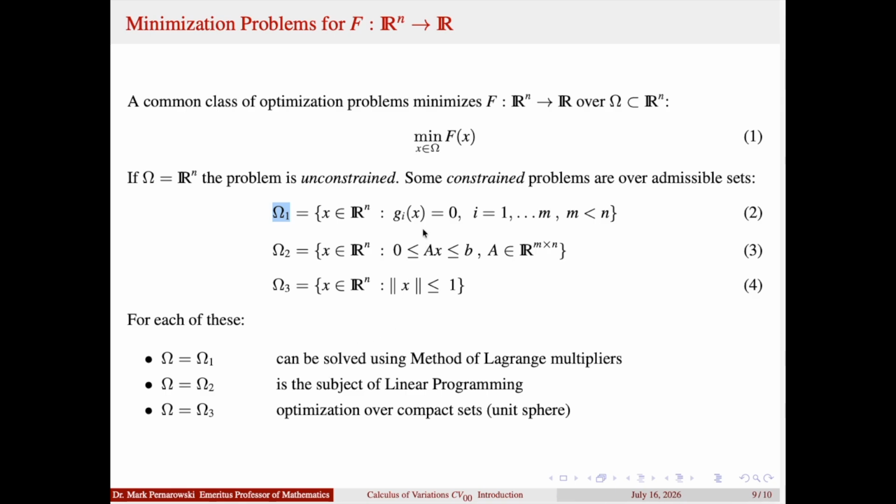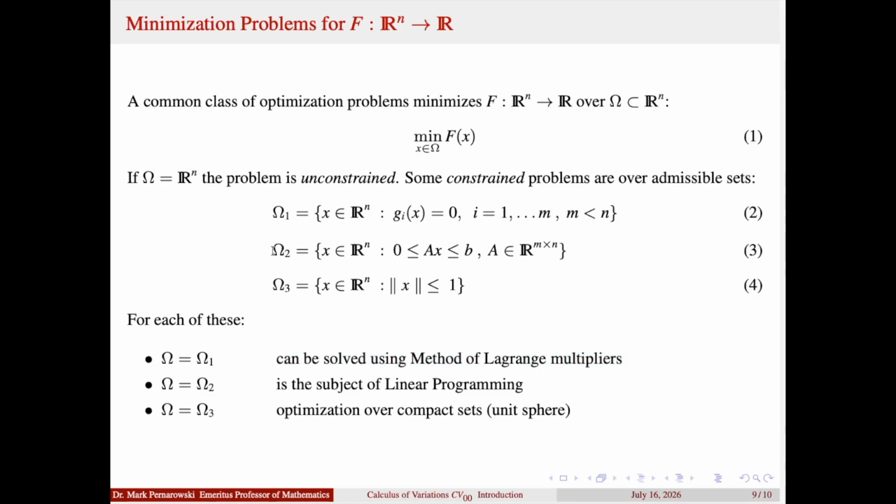If it just goes up to 1, there's only one constraint. That's a typical Lagrange multiplier problem in multivariate calculus you would have learned. So that would be minimize your function of two variables over, let's say, g of x, y equals 0. And that's typically solved using something called Lagrange multipliers.